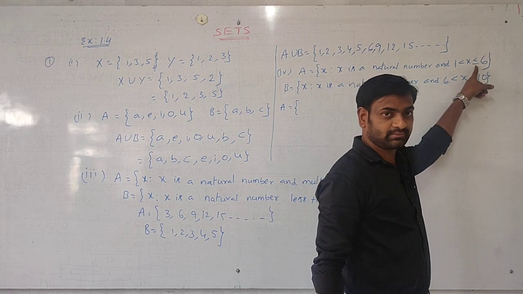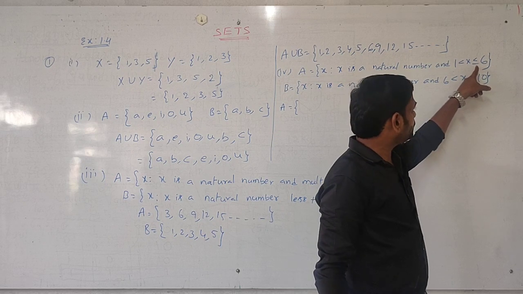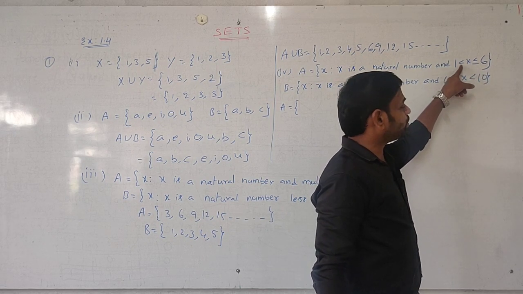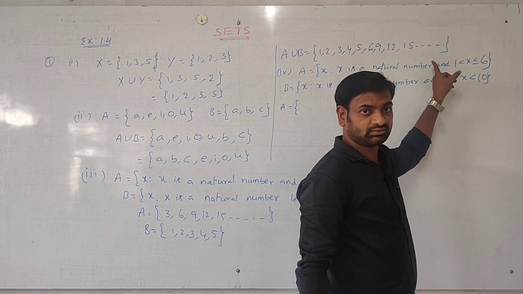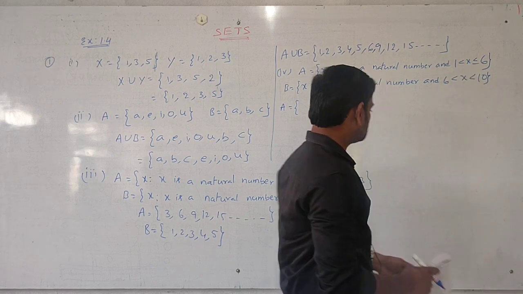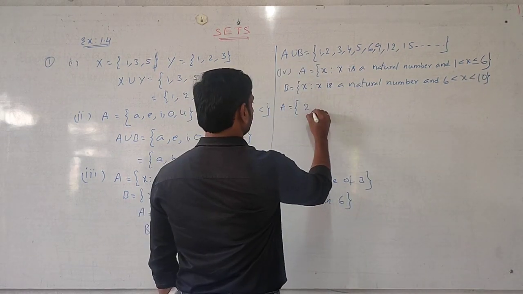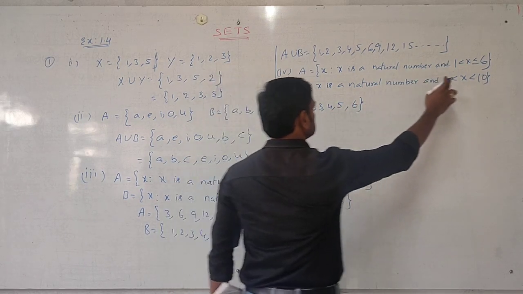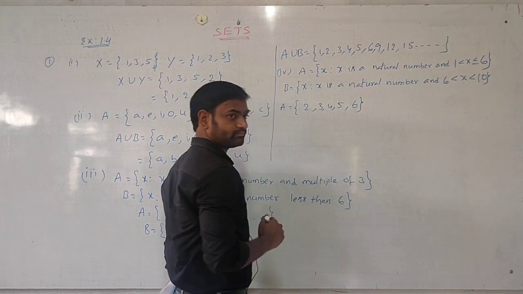There is an equal symbol here, so you can take 6 also. But here there is no equal symbol on the left, so don't take 1. Above 1 you have to take. So above 1 is 2, 3, 4, 5, 6 you can take, because the equal symbol is there.